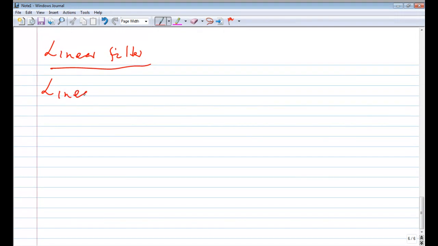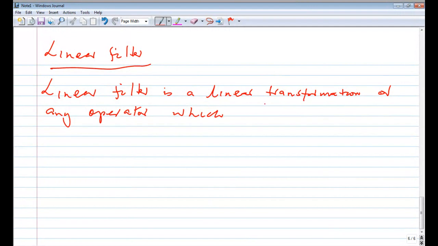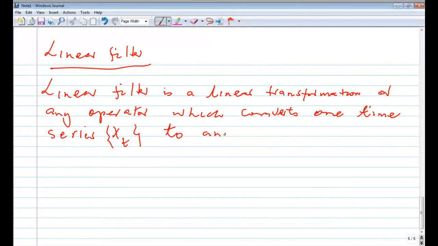A linear filter is a linear transformation or any operator which converts one time series, let's say called xt, to another time series, which is called yt.